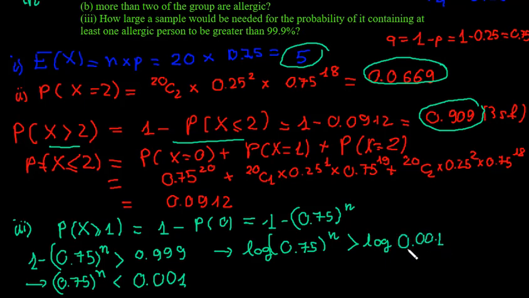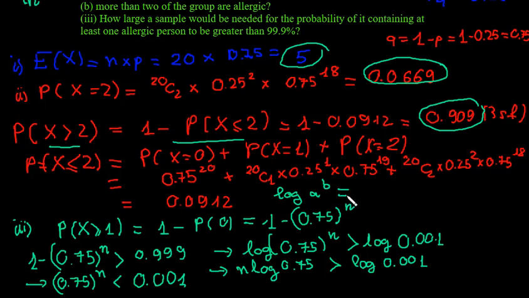Here, when we use the log, we change the position. At first, it is smaller, but the log of the smaller one will be greater. Next step, I will solve this: n log 0.75 greater than log of 0.001. There is a simple rule in log, that log of a to the power b equals b log a.